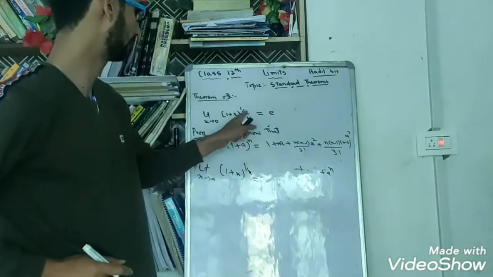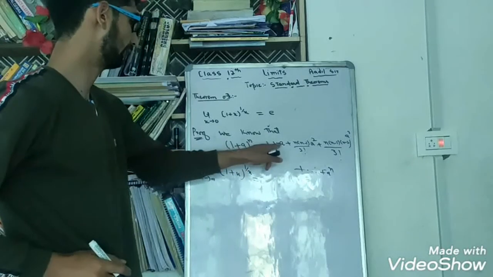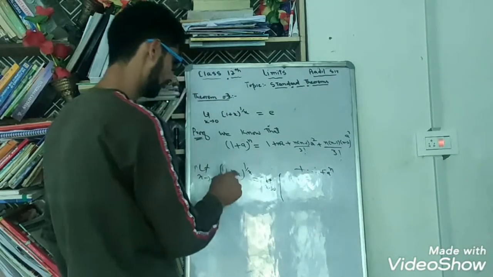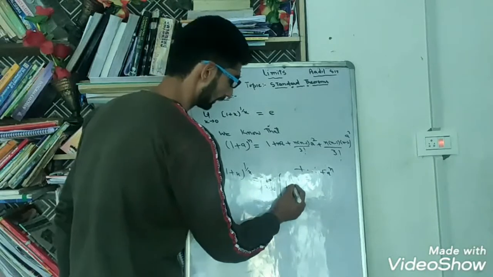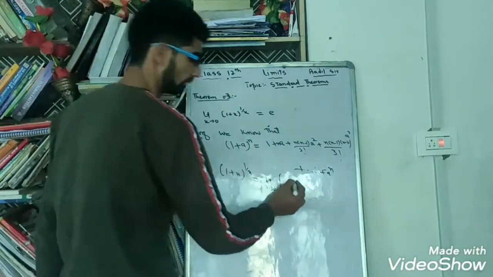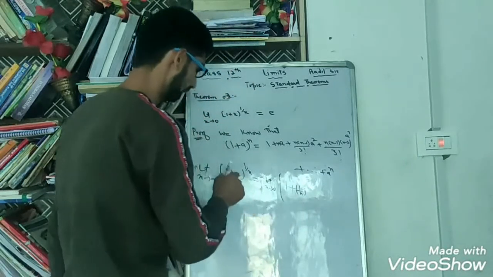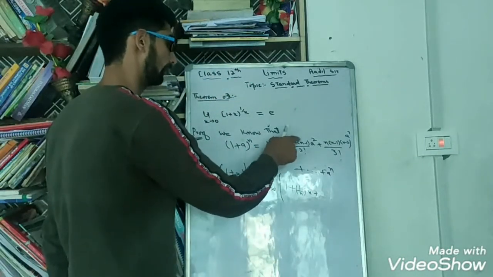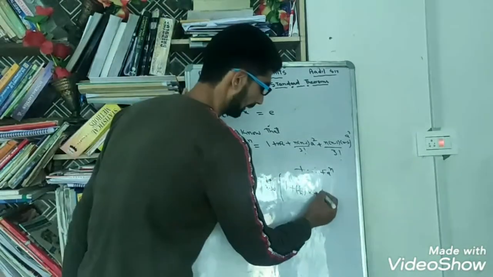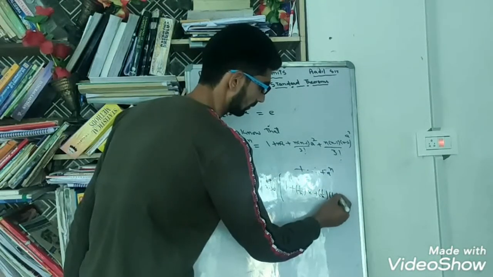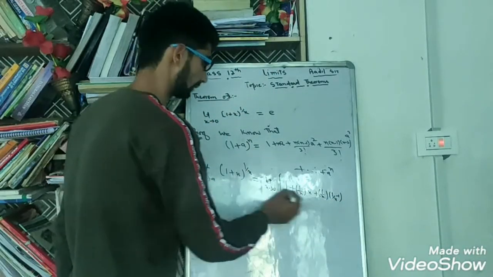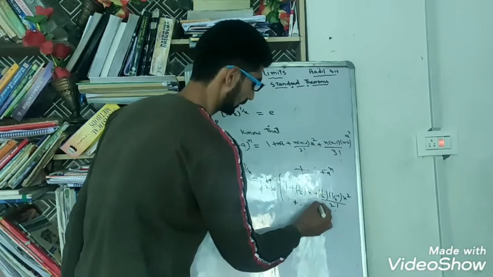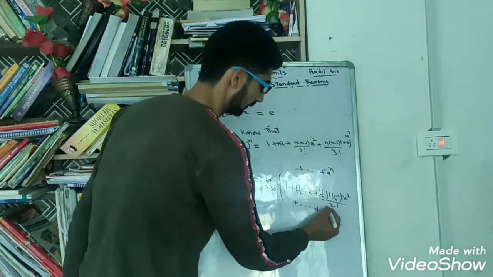We have here n as 1/x and a as x, so it will be limit x tends to 0 of 1 + (1/x)(x) + (1/x)(1/x - 1) x^2/2! plus so on, plus lastly we have a^n, that is x^(1/x).